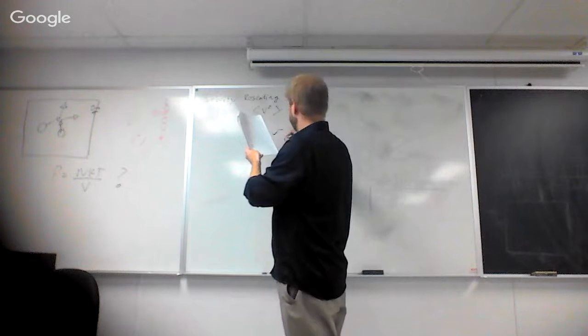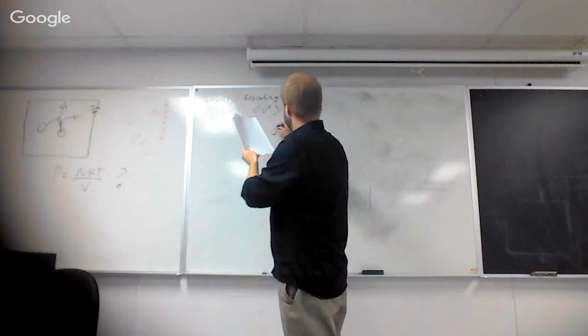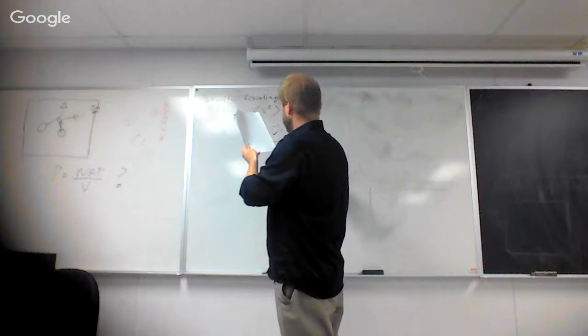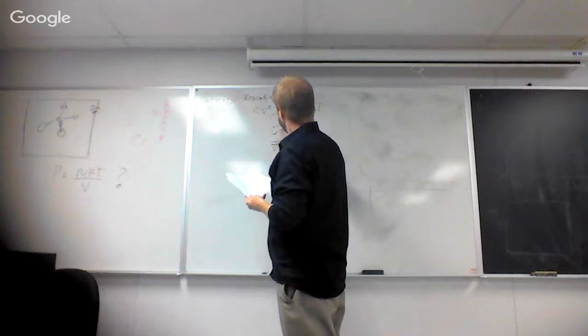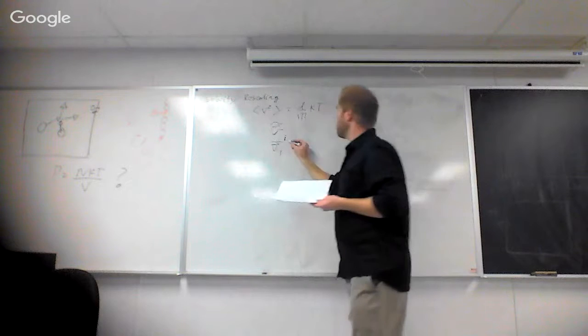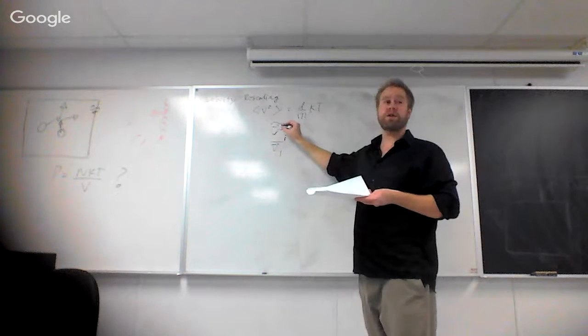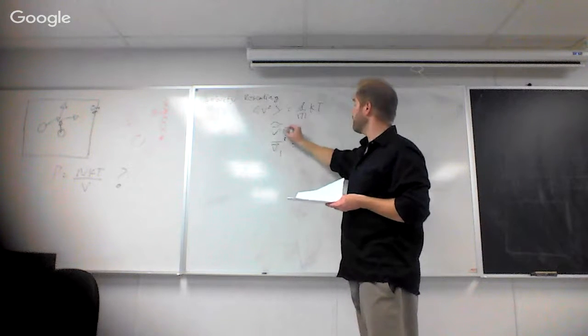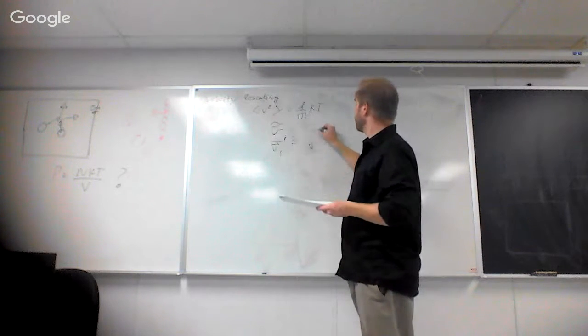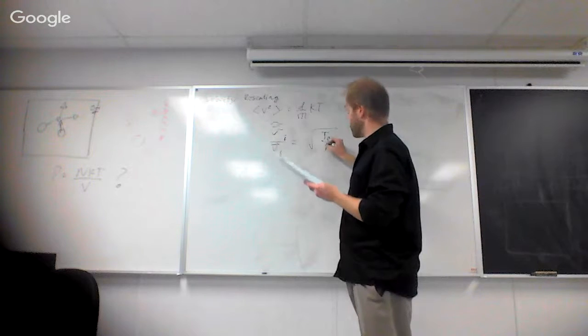Well, you want to modify the velocity of any particle vi, so let's call that v tilde, and the ratio of that to the original velocity is going to be the square root of T naught over T.